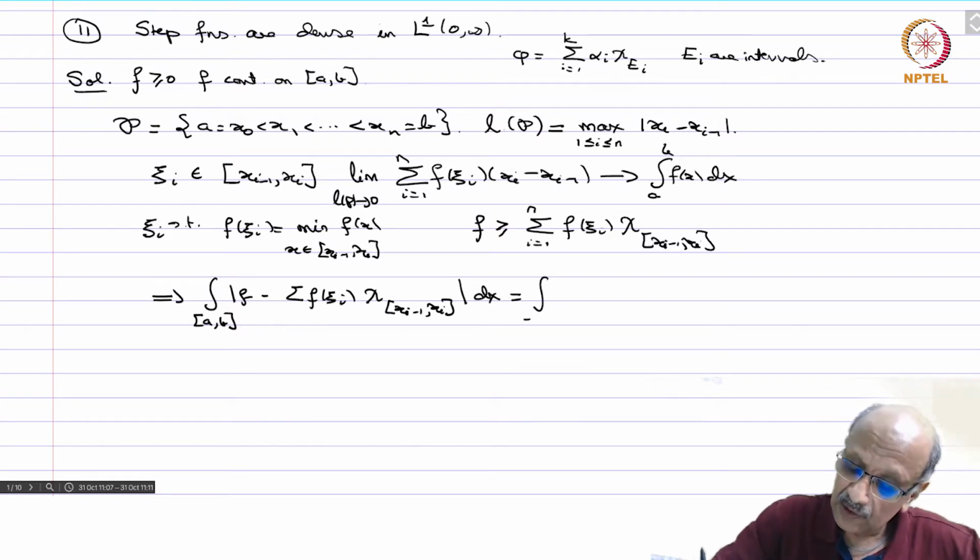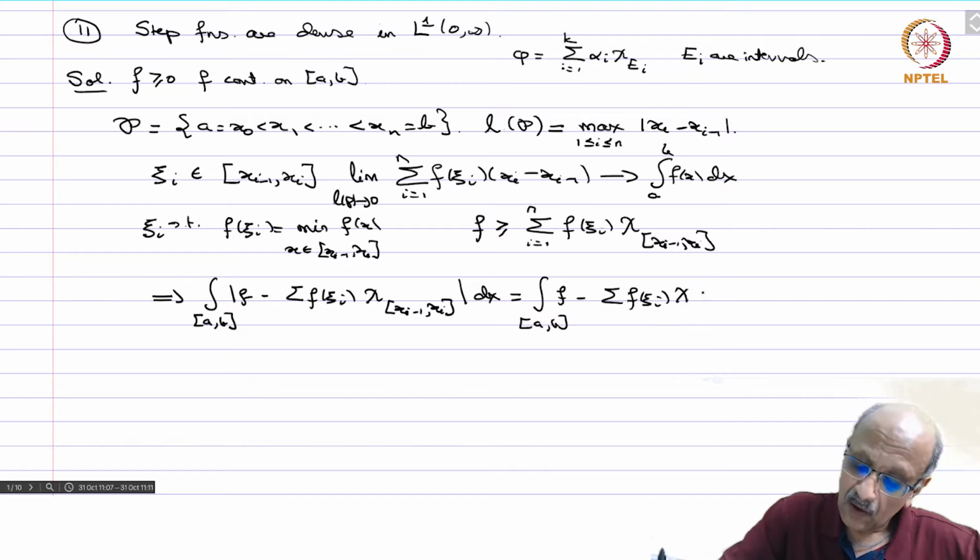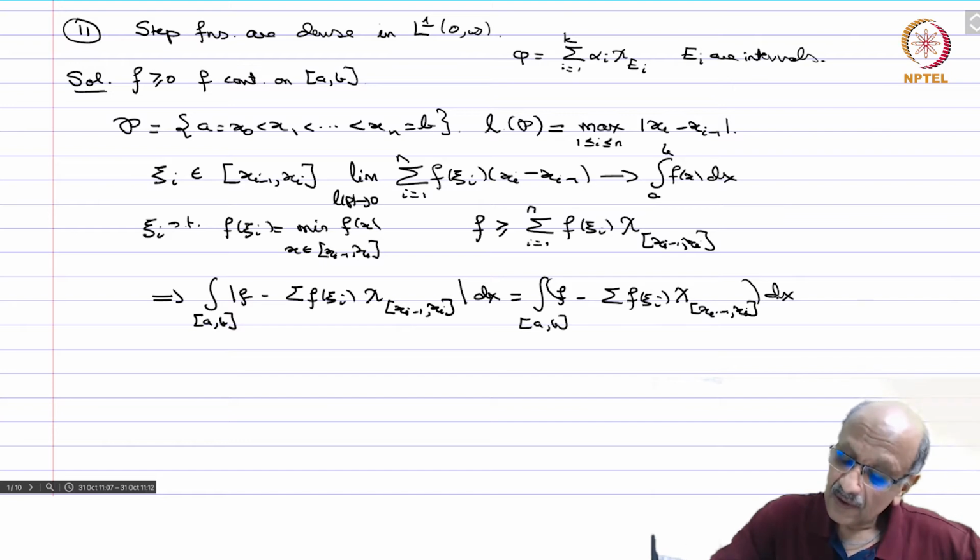So this is equal to the integral over [a, b] of f minus sigma f of xi_i chi of [x_{i-1}, x_i] dx, and this goes to 0 by this condition, because the integral of the chi is nothing but the measure, which is the length of the interval.